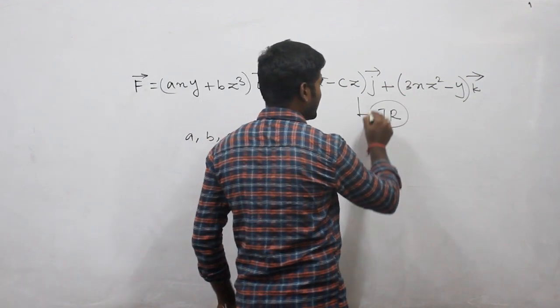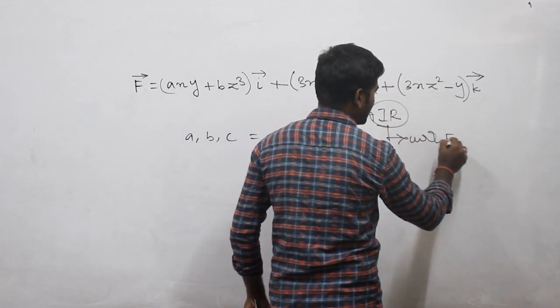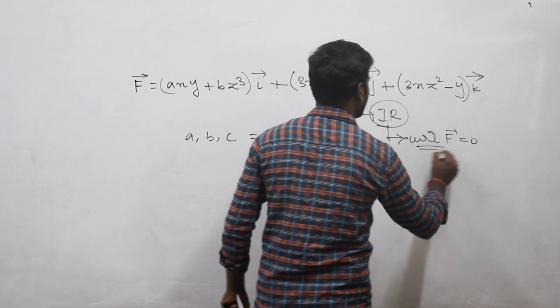They have mentioned this vector is irrotational. Irrotational vector means the curl of that vector equals 0.